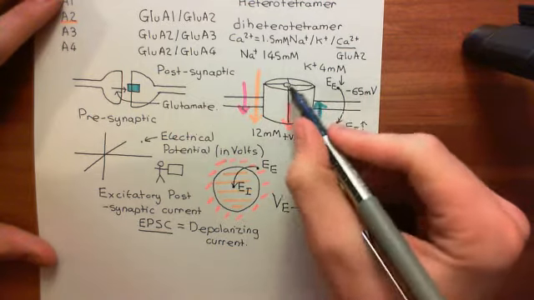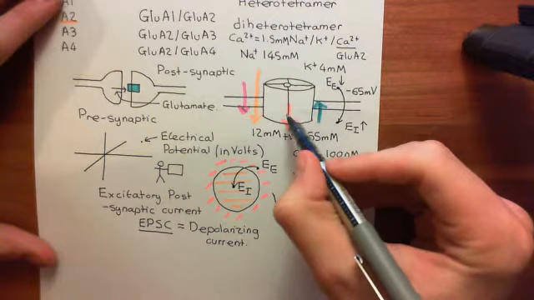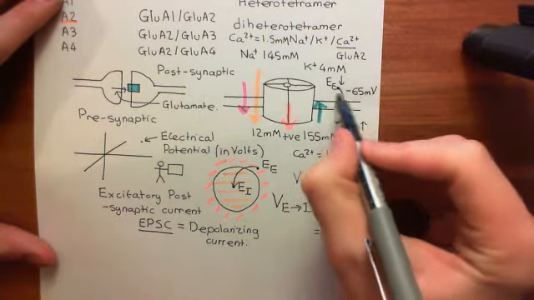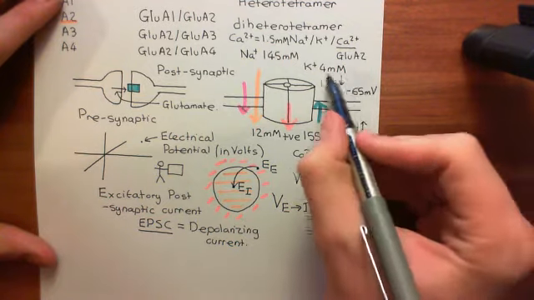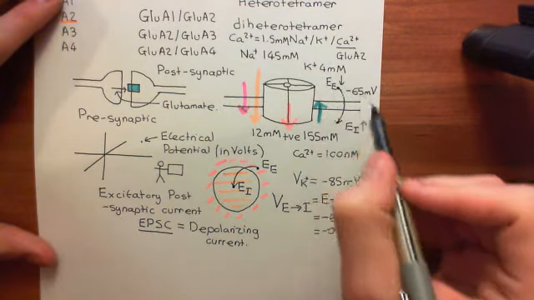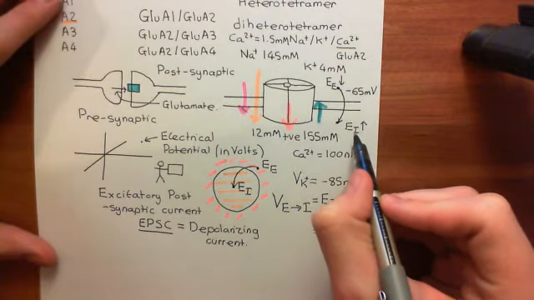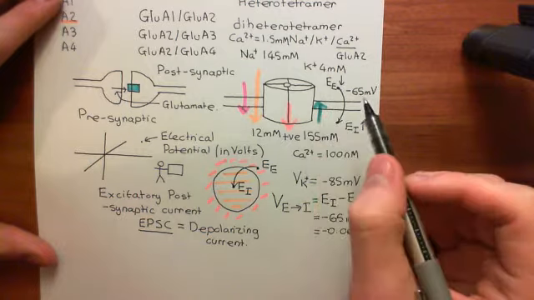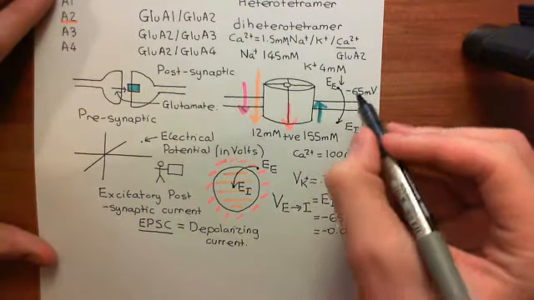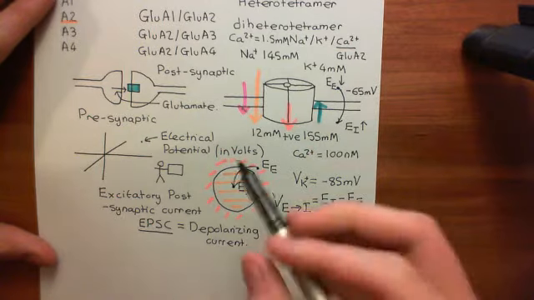So this depolarizing current that we've got, which is this movement of positively charged particles from the extracellular fluid into the intracellular fluid, is going to reduce the electrical potential extracellularly and raise the electrical potential intracellularly. Now, what effect is this going to have on the electrical potential difference across the cell membrane? Well, let's firstly do it intuitively, and then we'll go to the formula and check that the two add up.